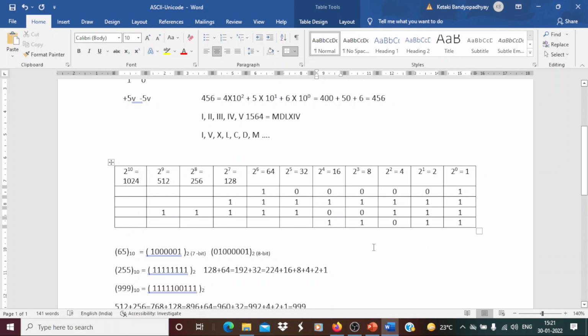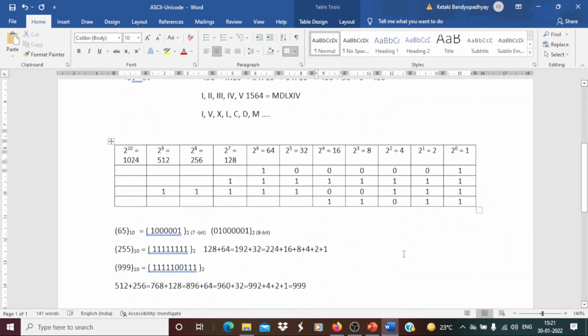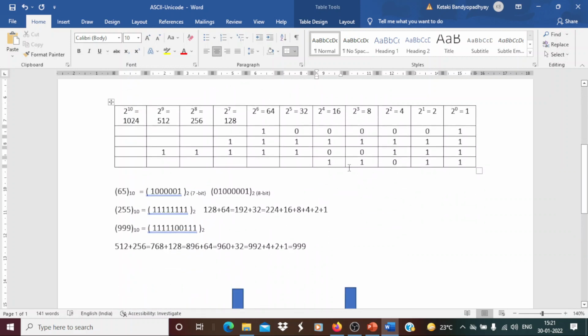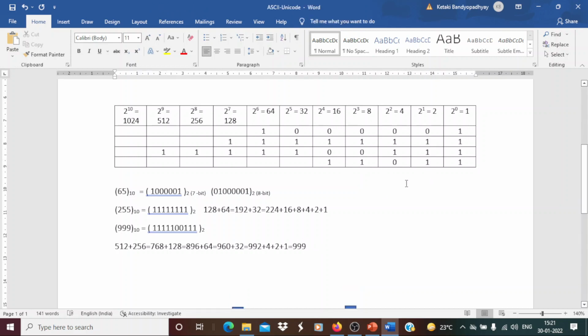You can easily understand the decimal equivalent of this binary number. What we need to do is take 1 into 2 to the power 0, so that is 1 into 1, plus 1 into 2 to the power 1, 1 into 2, plus 0 into 2 to the power 2, because anything into 0 is also 0.